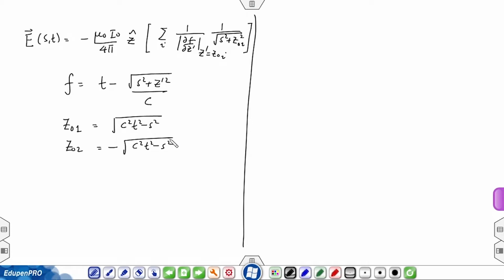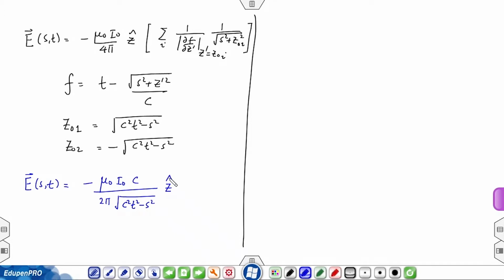So, I have these two roots where the delta function gives you that contribution, and you substitute this in, calculate d f by dz prime, do the integration which I am leaving for you, and you get E of s, t to be equal to minus mu naught I naught c over 2 pi square root of c square t square minus s square, in the z direction.